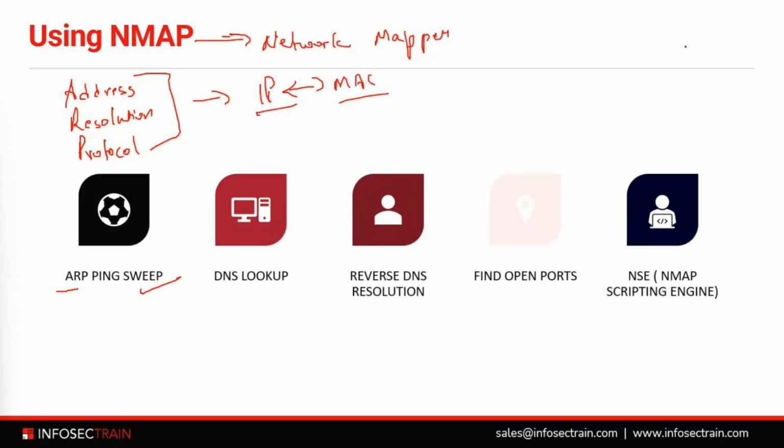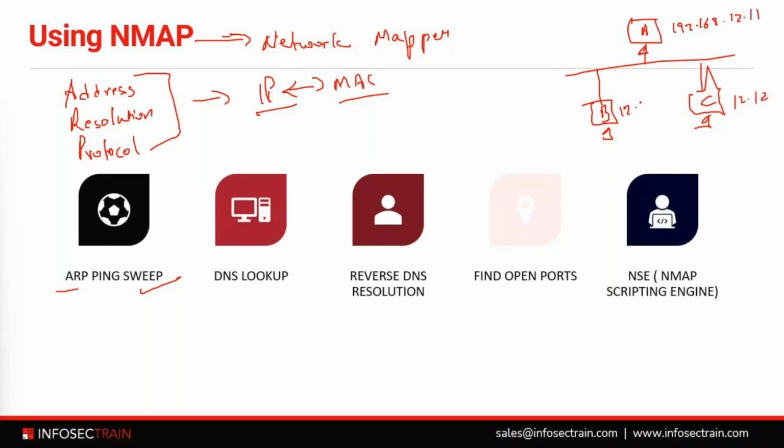Now, let's say these are the 3 devices, for those who are not aware about ARP, and all these devices are connected to the network. Now, device A wants to send some data to device C. So the IP addresses are 192.168.12.11, this is 12.12 and this is 12.13, right?